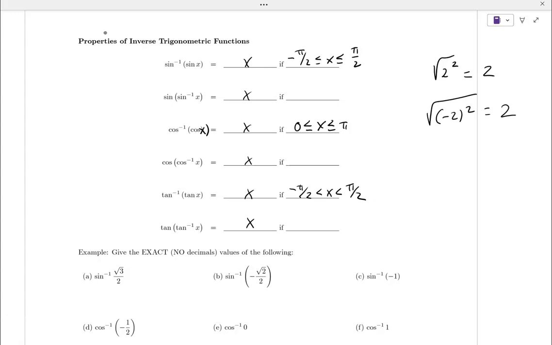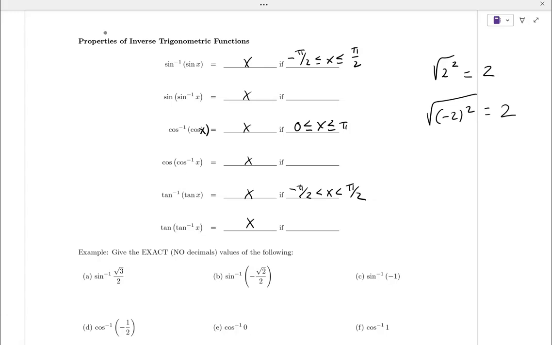We restricted the domains of all the original functions, so my x has to satisfy that restriction in order for that to work. That's what that says. Going the other way, I need to make sure that my x can go into the inverse sine function to start with. So it has to be in the range of the original.